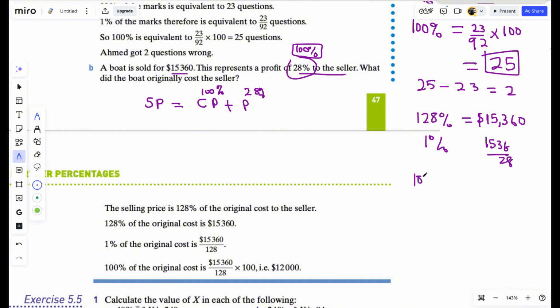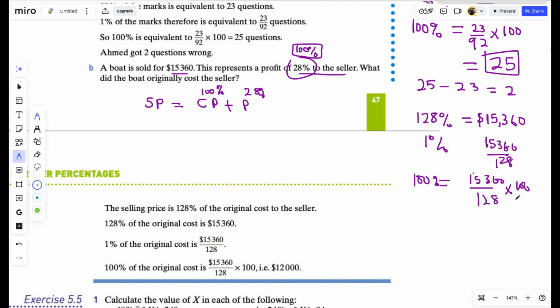Now you do it for 100%, which is the cost price. 100% will be this times 100. 50,360 over 128 times 100.